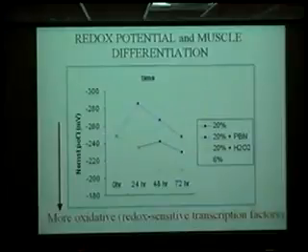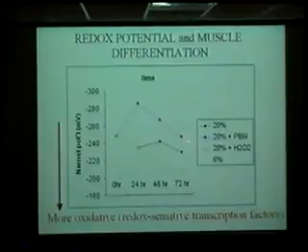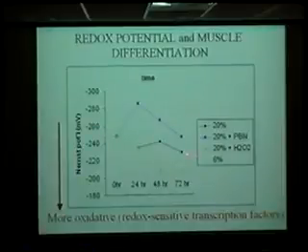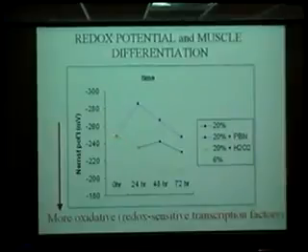And what he found is that in the conditions that I think are most physiologic, low oxygen, there's very little shift in redox potential during differentiation. When we scavenge reactive oxygen species, the cells become acutely a little bit more reduced, and they never become more oxidized than our 6% cultures. In 20% oxygen, there's progressive oxidized redox status, and with added peroxides, this becomes even more profound.